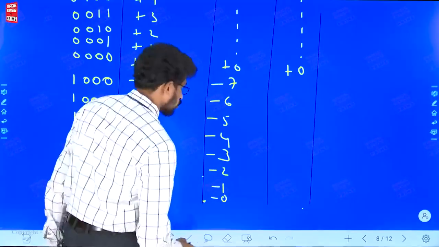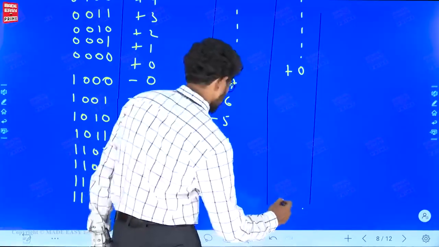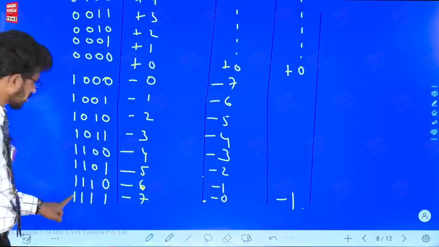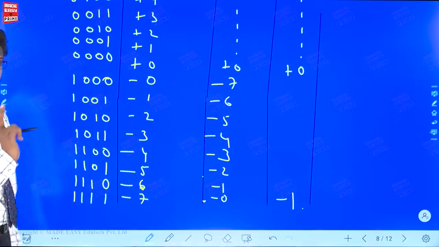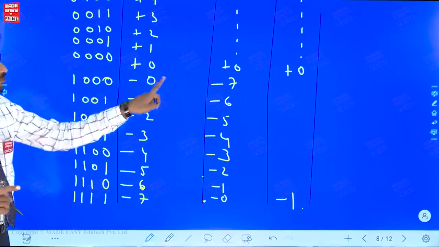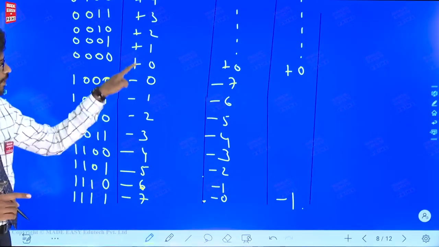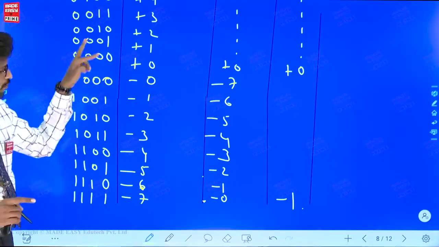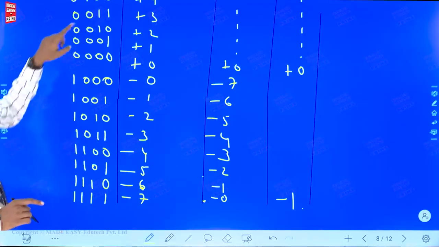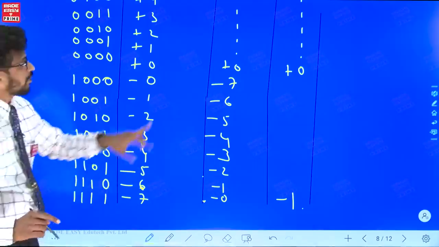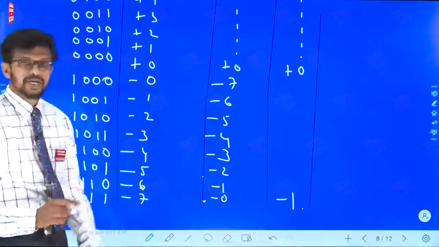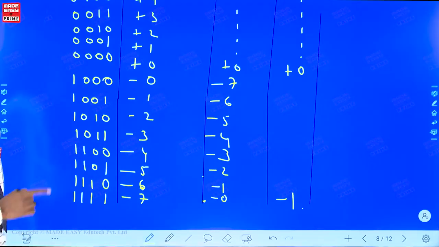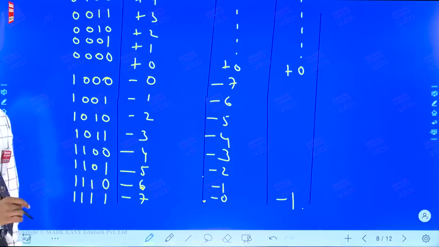So, minus 1 is 1, 1, 1, 1. Observe carefully. In both these two methods, you are having plus 0 and also minus 0. But observe, in 2's complement, you are not getting a minus 0 value.